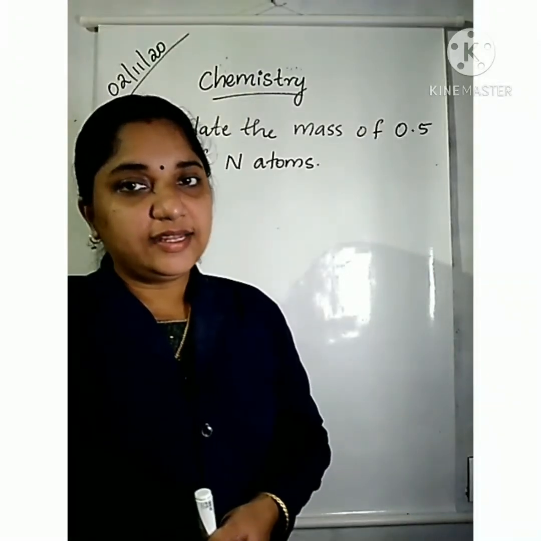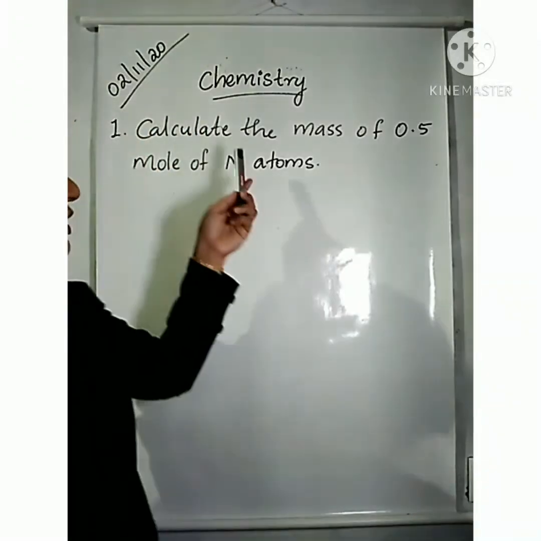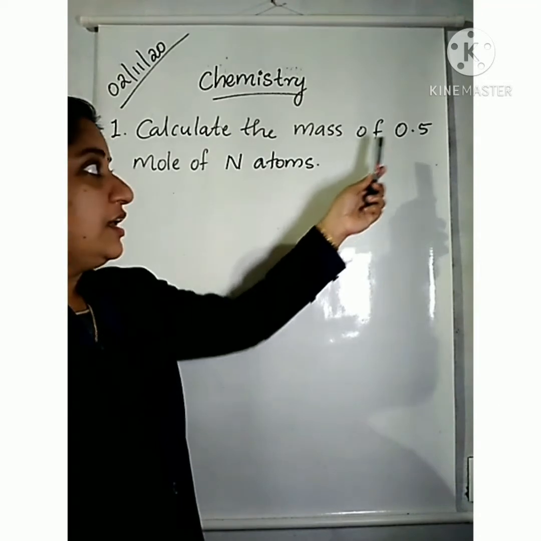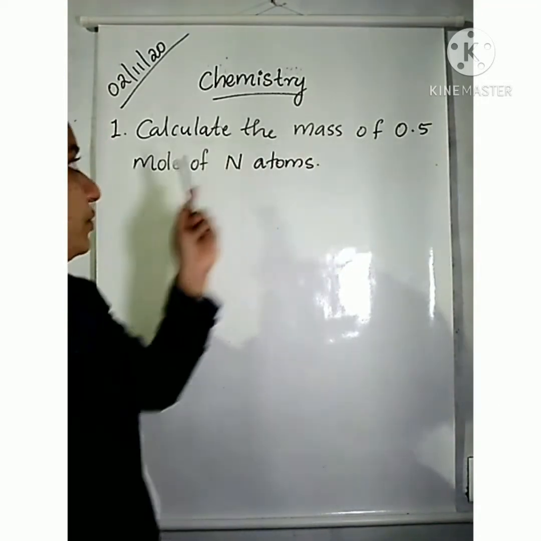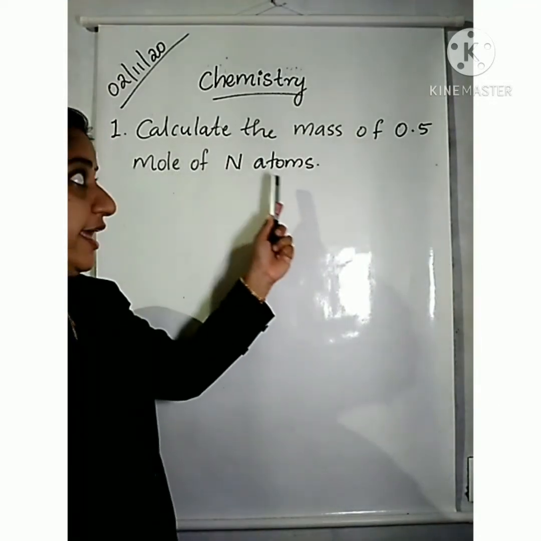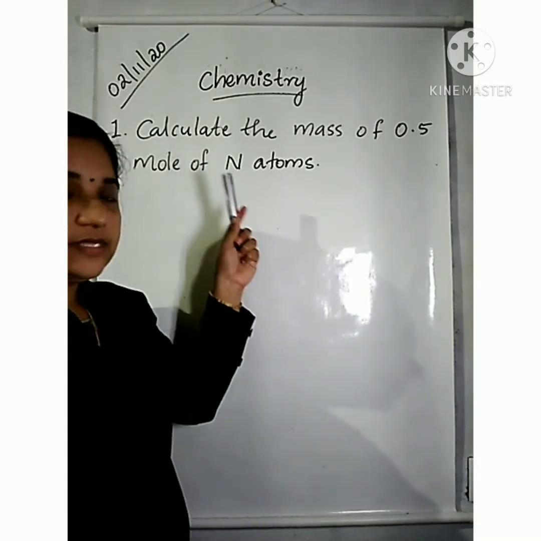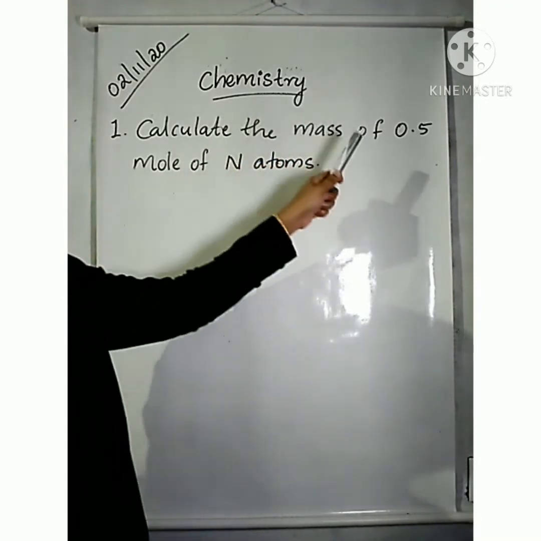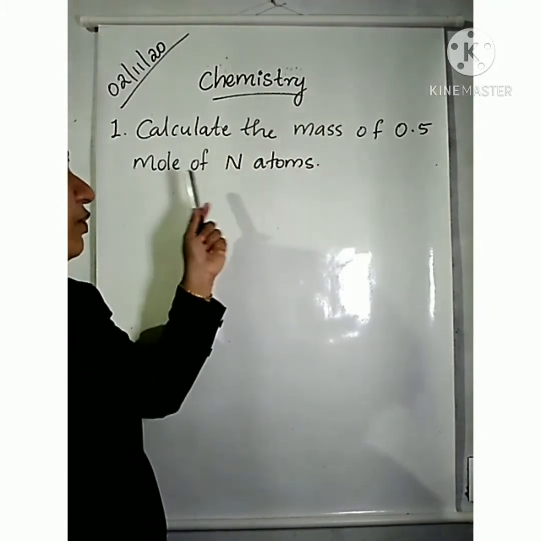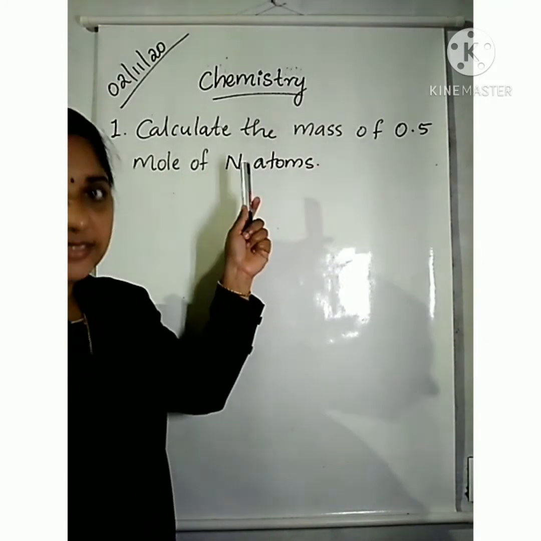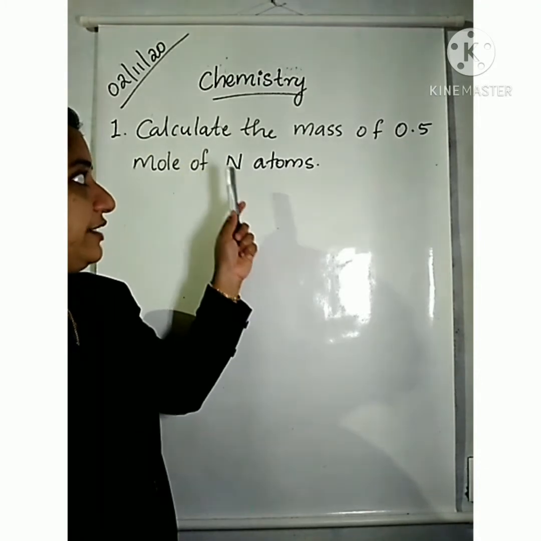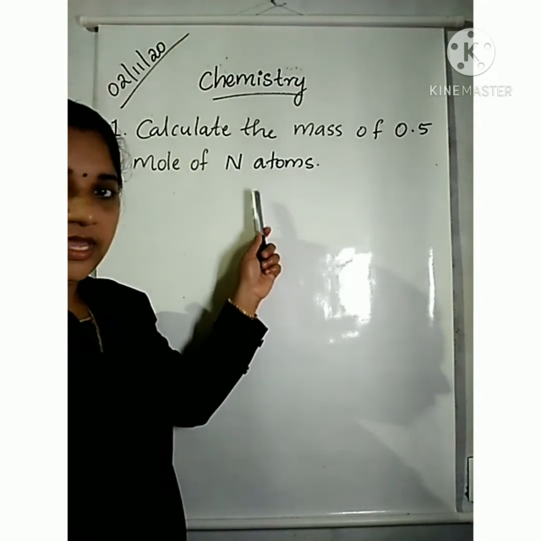Children, another example is calculate the mass of 0.5 mole of nitrogen atoms. First example is calculate the mass of 0.5 mole of nitrogen atoms.